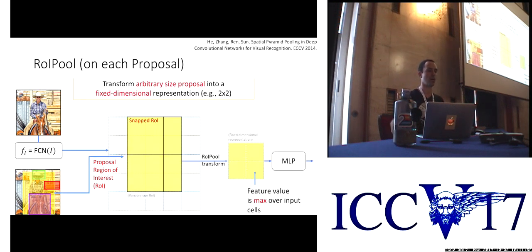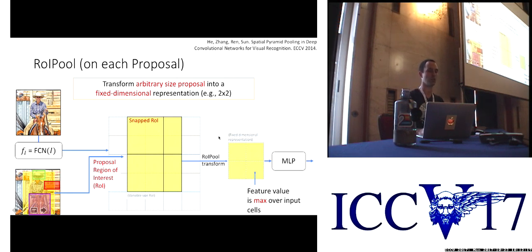And then, because all the subsequent processing is going to involve operations that require a fixed size input, it's going to perform an operation that coerces this arbitrary sized region into one that has a fixed size. And the way that that's done is that when the proposal was projected and quantized, it was divided into a grid.